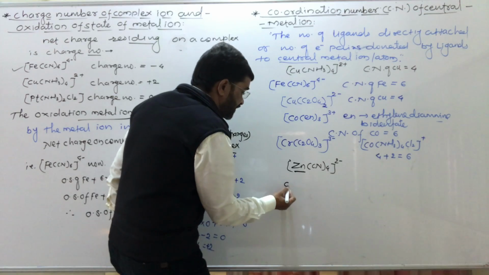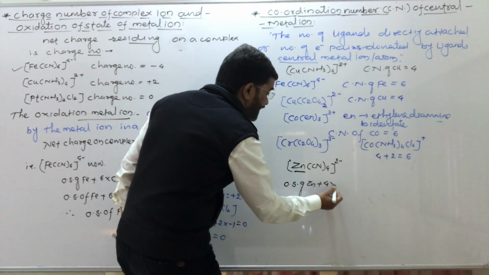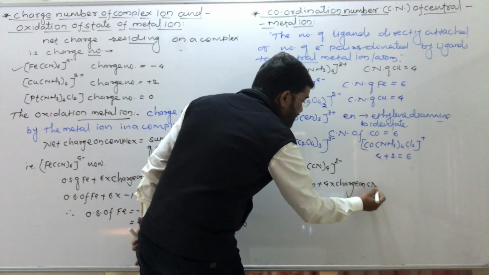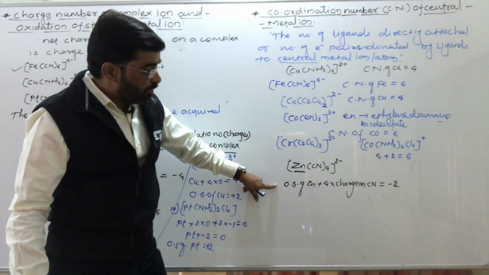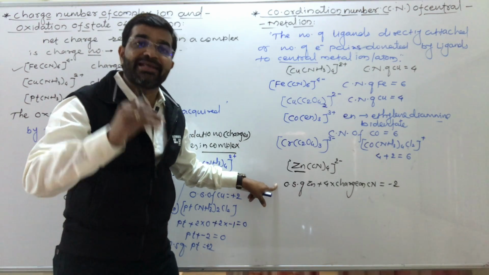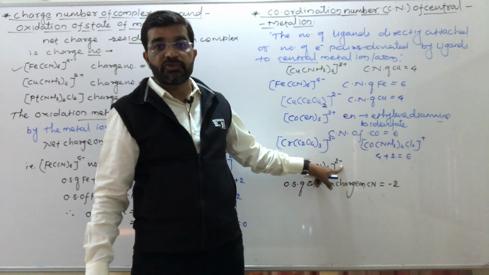Here, oxidation state of zinc plus 4 into the charge on cyanide ion equals -2, because the sum of the charges of all species present in the complex is equal to the charge on that complex.